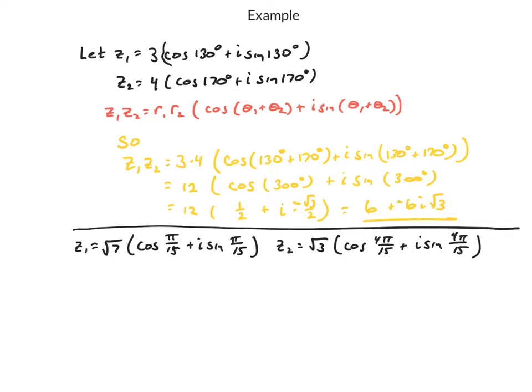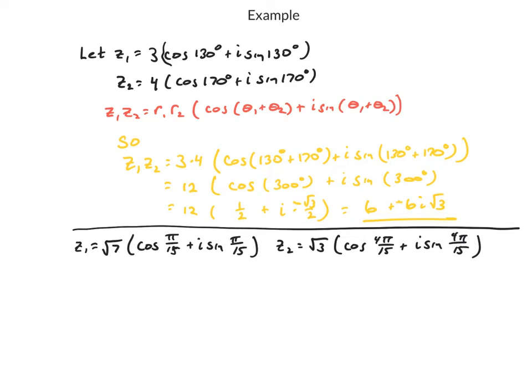So this becomes 12 times 1/2 plus i times a negative square root 3 over 2. When I distribute the 12, I get 6, and I have plus a negative, so it'll be 6 minus 6i times the square root of 3. That would be the rectangular form of that complex number.